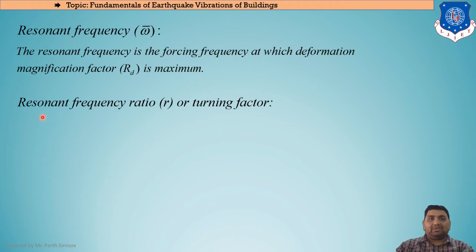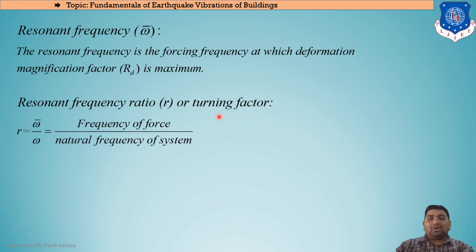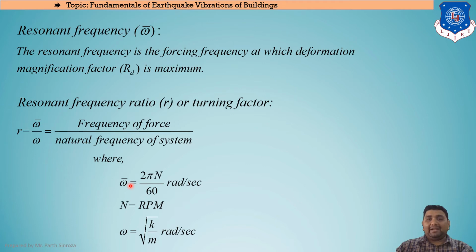Clear? So the resonant frequency ratio, that is r, or it can be termed the tuning factor. r is the ratio of omega dash upon omega. That means the frequency of force, or you can say the resonant frequency, divided by the natural frequency of the system. Okay? We call this the frequency ratio or the resonant frequency ratio, where omega dash is the frequency of force, which is the applied external force.